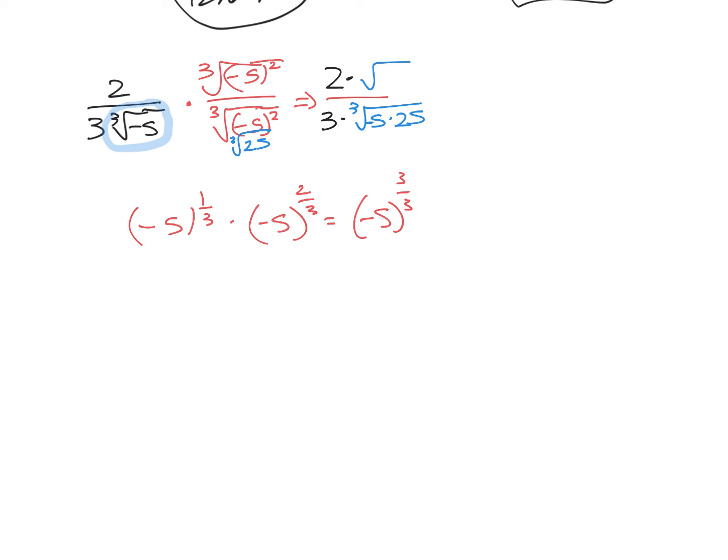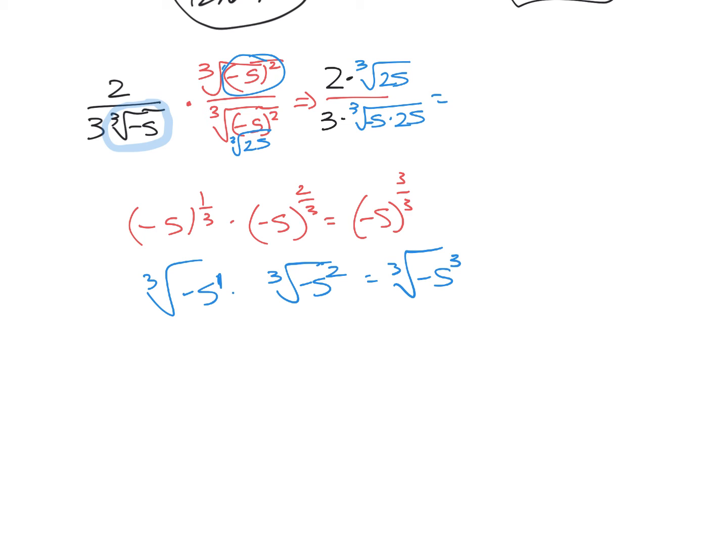And then I have the cube root of 25, because -5 to the power of 2 is cubed. You could also look at it as the cube root of -5 times the cube root of -5 becomes the cube root of -5 to the 3, right? There's a 1 here, so this needs to be a 2. And then -5 times -5 is 25. It kind of just depends on how you see this.